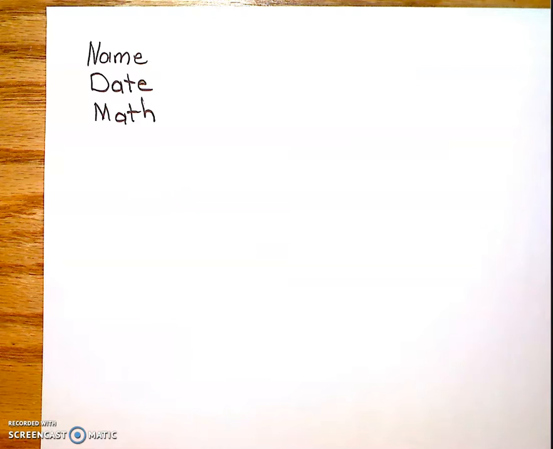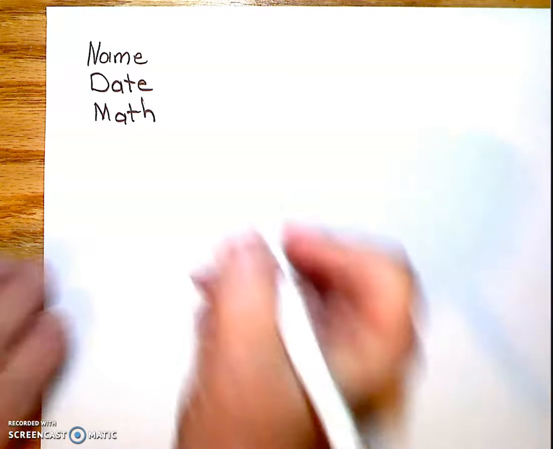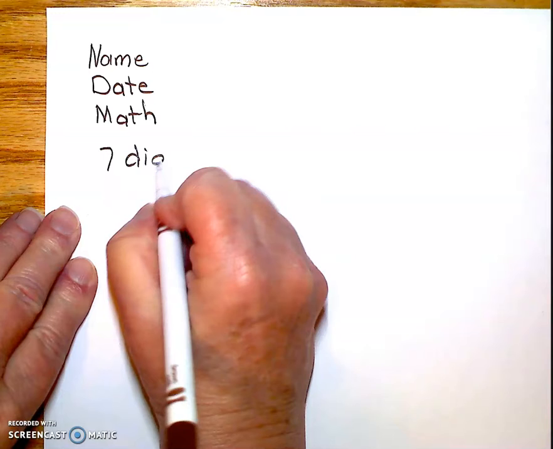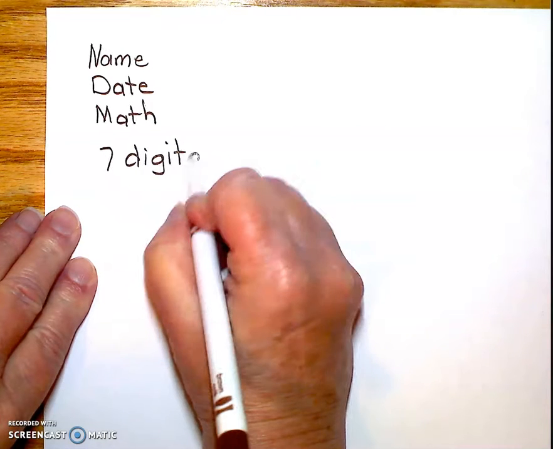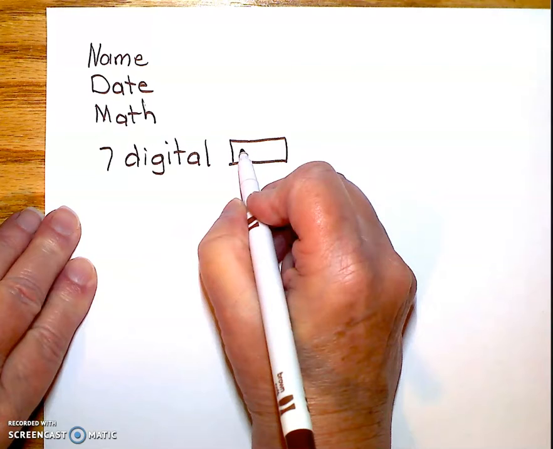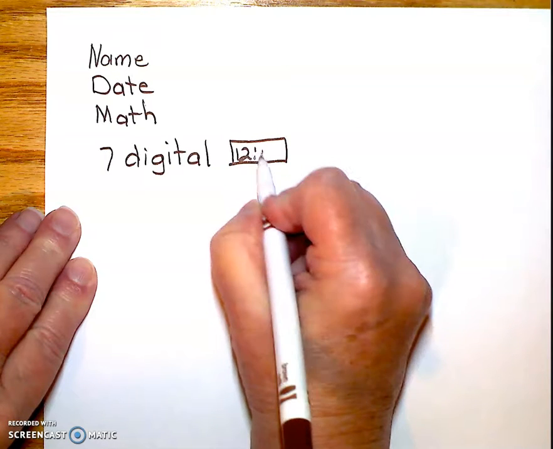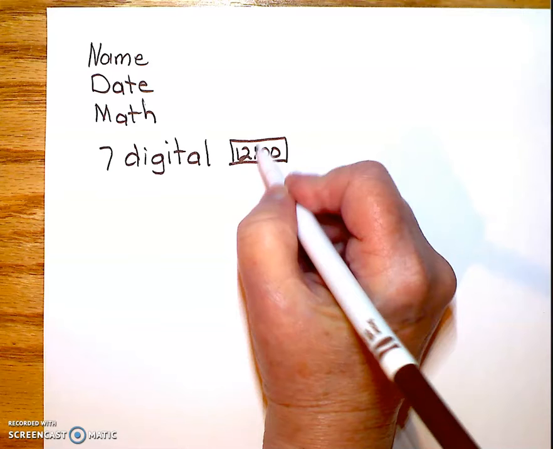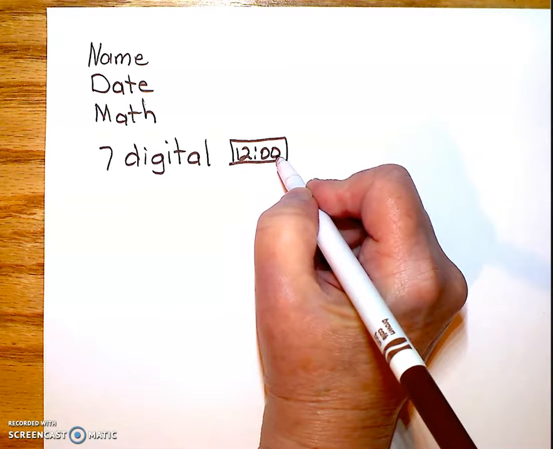And today, Isaac has a bunch of clocks at his house. Isaac has 7 digital clocks. Remember, the digital clocks are like this, and then they have the numbers here, and they have the hours on this side of the colon, and the minutes on this side of the colon.